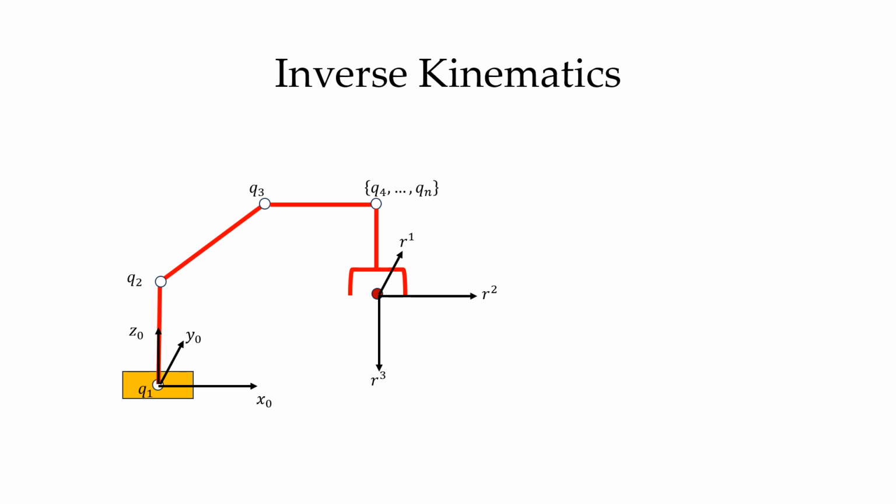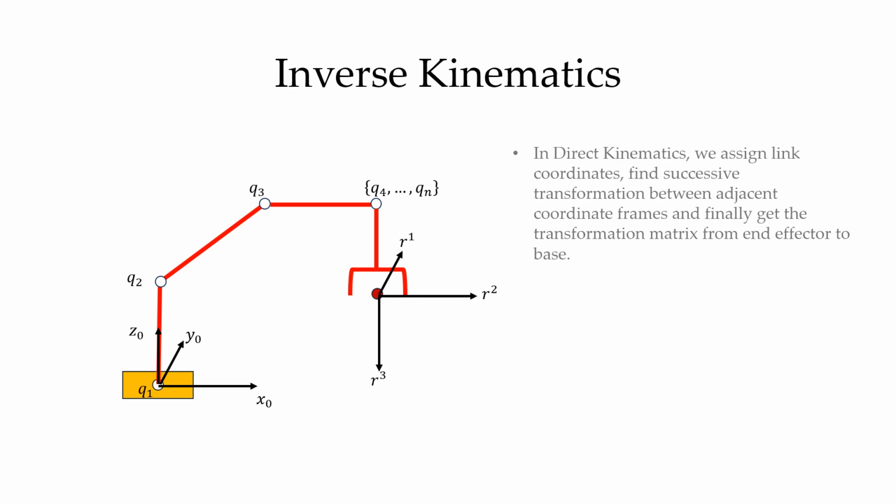So earlier we already studied direct kinematics, in which we used the DH criteria to assign coordinate frames and find successive transformations between adjacent coordinate frames, and finally we were able to get a transformation matrix from the end effector to the base.